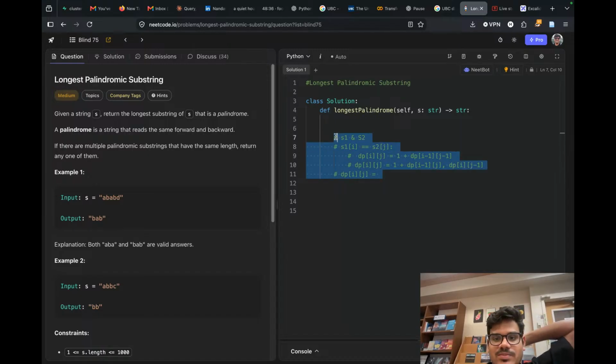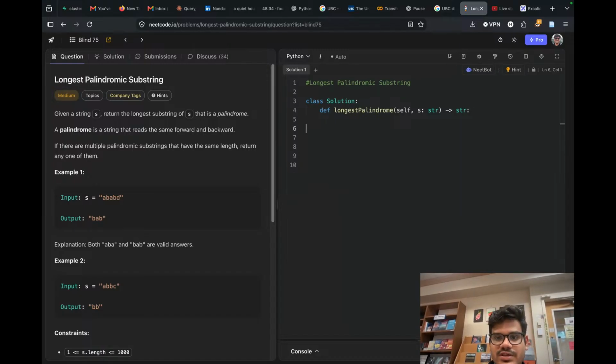So let's implement this. So we have s, we can have s rev, let's say is equal to reversed. Okay, s rev is reversed s, and now we have s rev as well. Now what will we be doing now? So now we have two substrings.